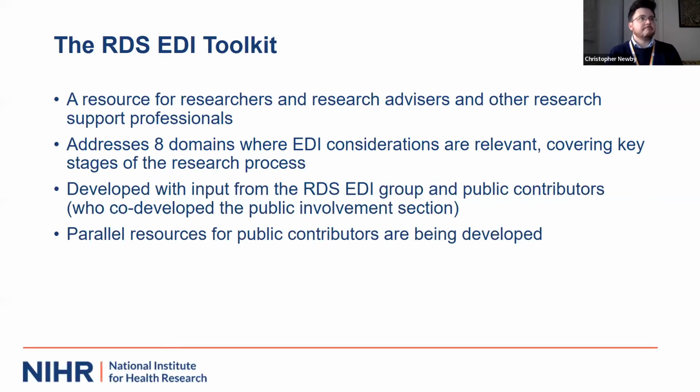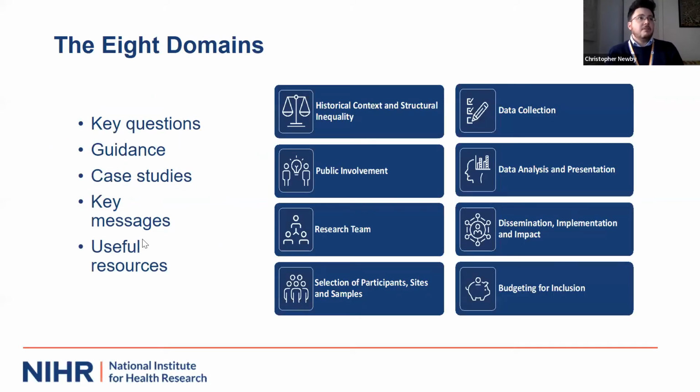Next slide, please. So this is what the toolkit looks like. Here are our 8 domains: historical context and structural inequality, public involvement, research teams, selection of participant sites and samples, data collection, data analysis and presentation, dissemination, implementation and impact, and the last one, budgeting for inclusion, which we included after the rounds of feedback.